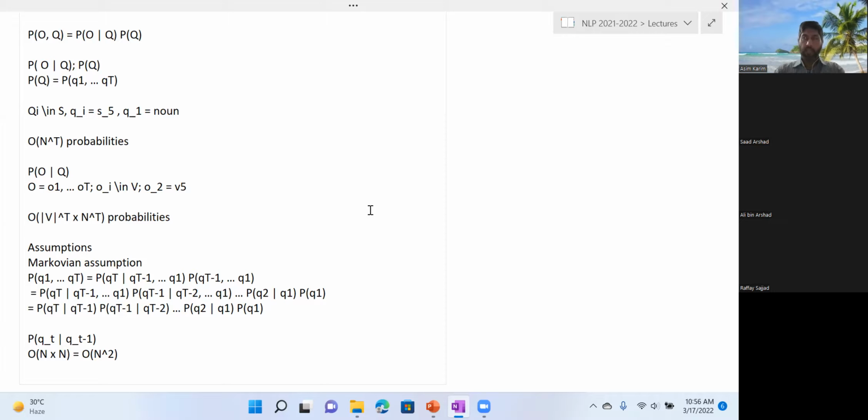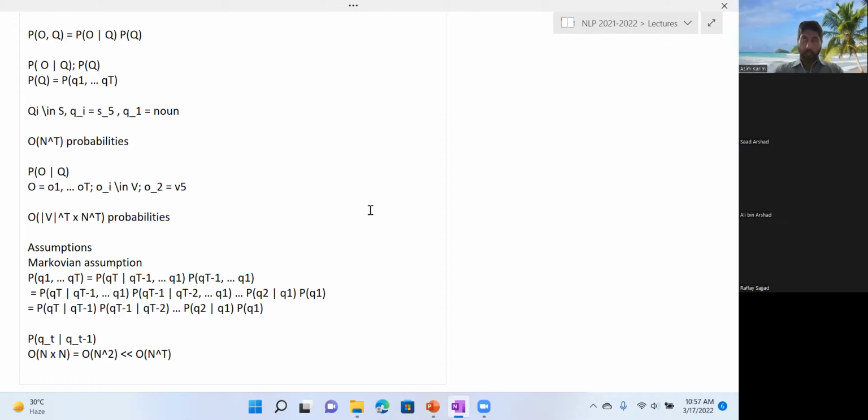So this is, of course, significantly better than the one that we computed earlier, which was what? N raised to the power of T. Okay. So we have simplified our model. We have reduced the number of probabilities. We have reduced the number of parameters.